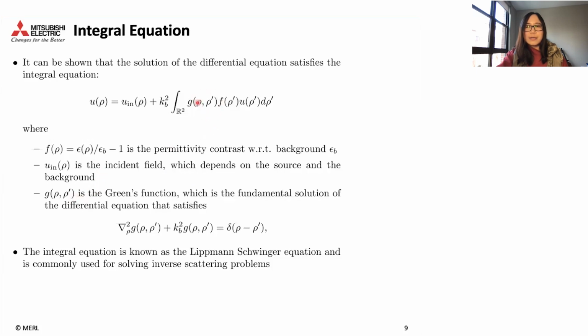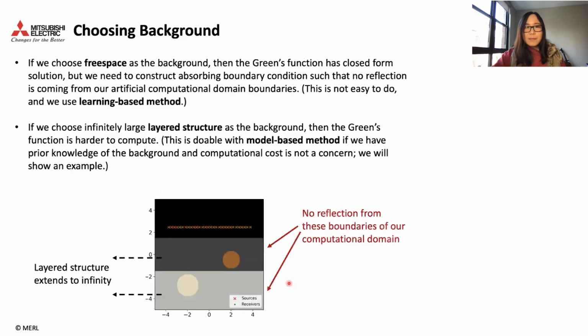And this G here is the Green's function, which is the fundamental solution of the homogeneous differential equation. Because we reduced our Maxwell's equation to the scalar wave equation, this integral equation is known as the Lippmann-Schwinger equation, and it is commonly used for solving inverse problems.